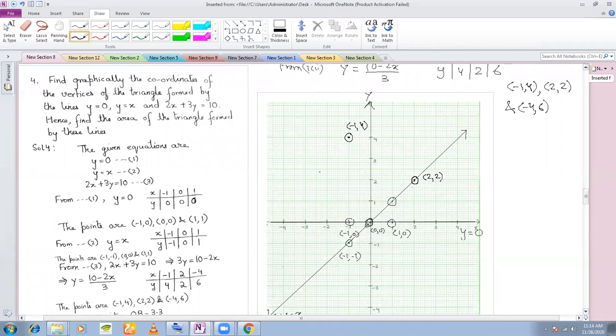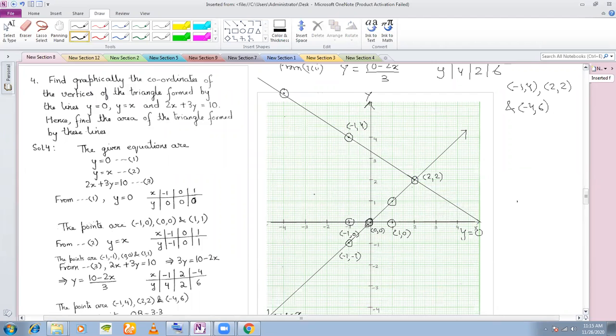Now you join these 3 points with the help of a scale and extend this line. So these 3 are the lines that you are getting.